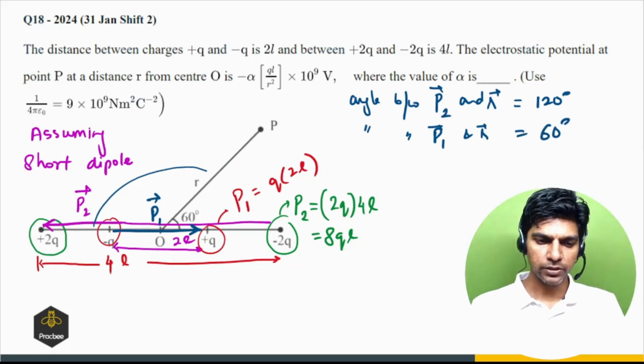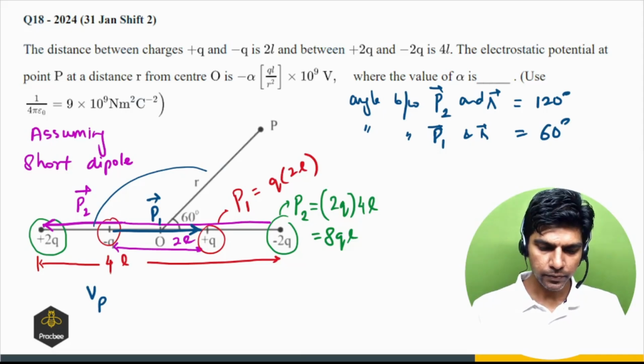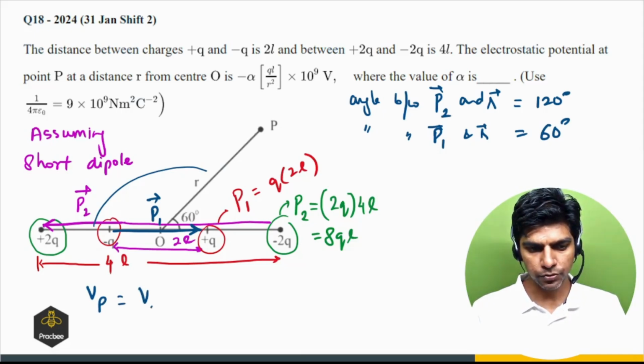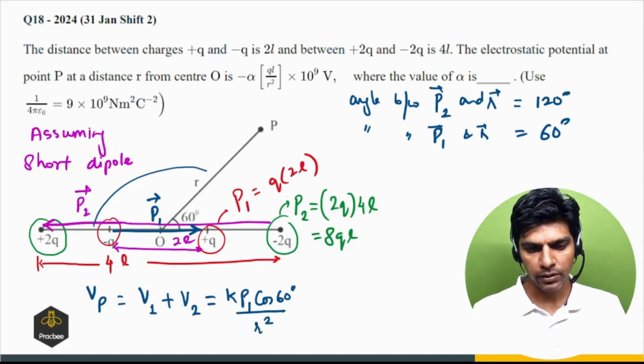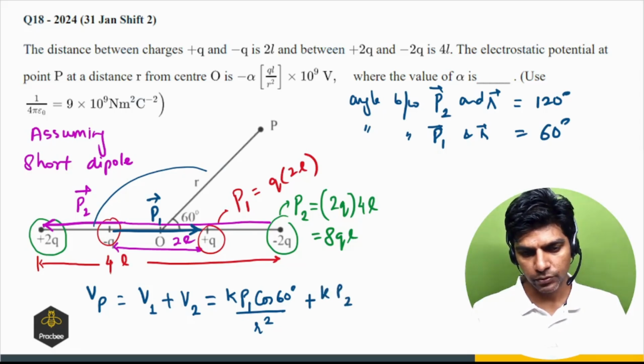Okay, so potential at P will be potential due to the first dipole plus potential due to the second dipole. So we can write this as, for first it will be k P1 cos 60 degrees divided by r square, and due to the second one it will be k P2 cos 120 degrees divided by r square.